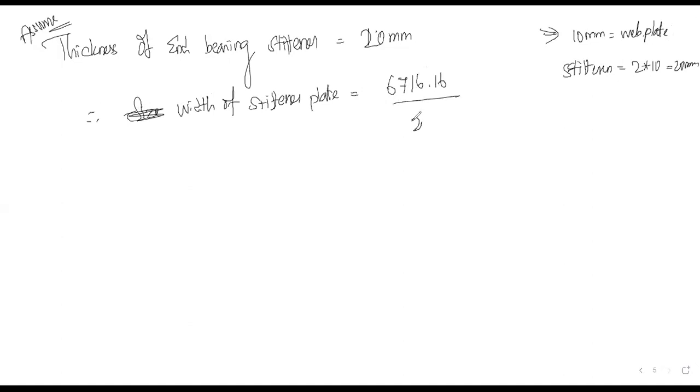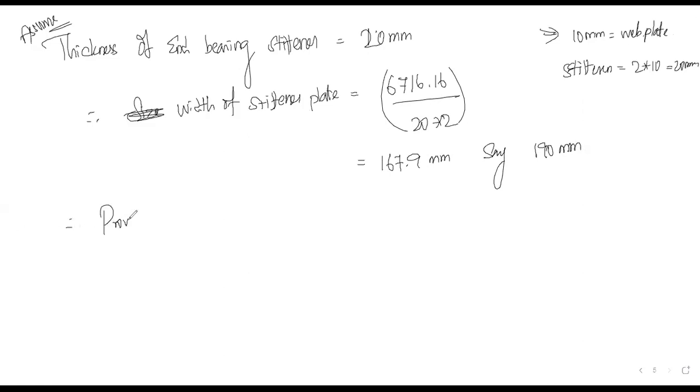6716.16 divided by 20. Actually we are having two stiffener plates, so we can divide by two. It becomes 167.9 mm, so we can say 190 mm for each individual plate.